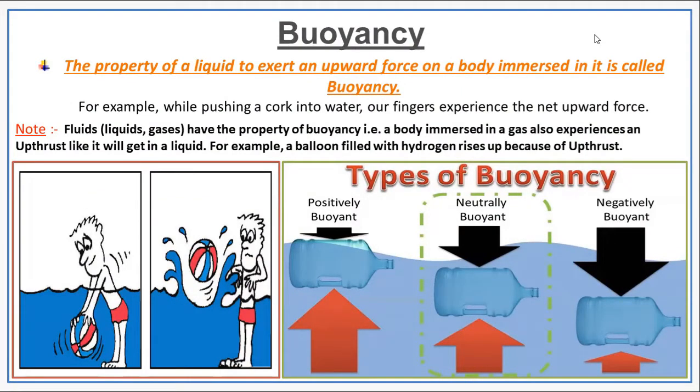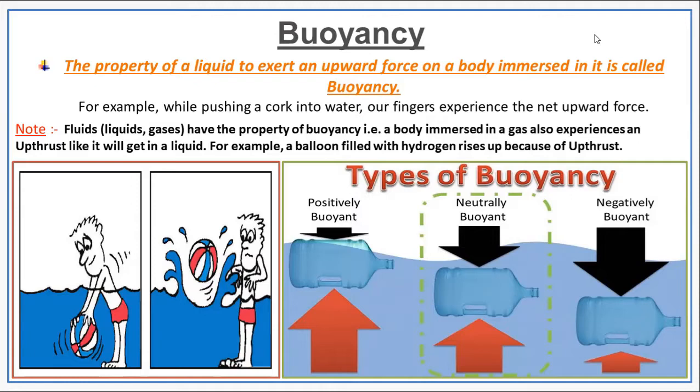Then we came to know about buoyancy. The tendency or property of a liquid that makes it exert an upthrust is called buoyancy. It can be a positive buoyancy, a neutral buoyancy, or a negative buoyancy.